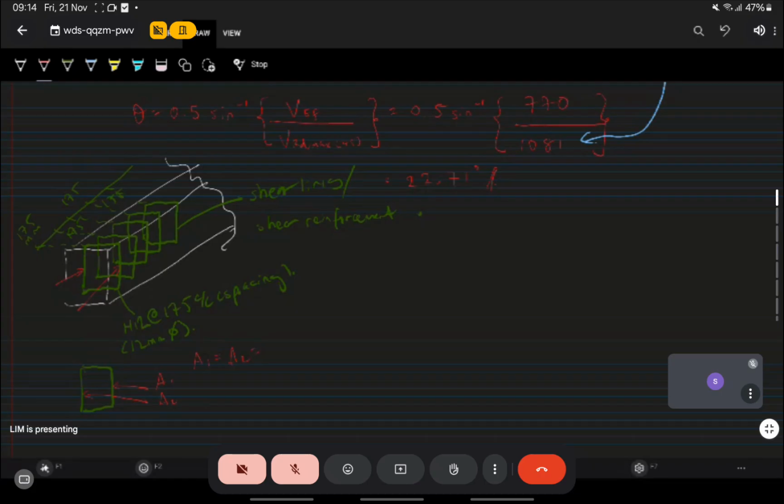So the total area of links is A1 plus A2. We know the links are H12, meaning the steel bar is 12 millimeter in diameter.